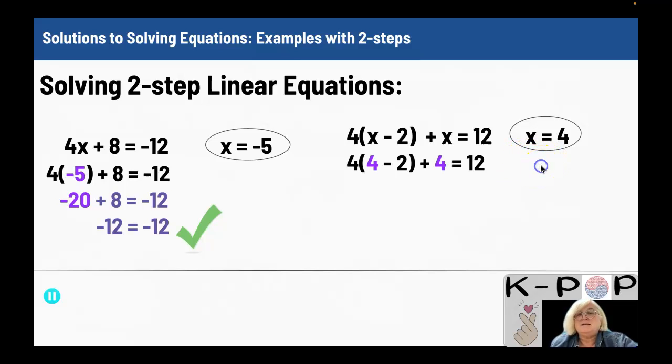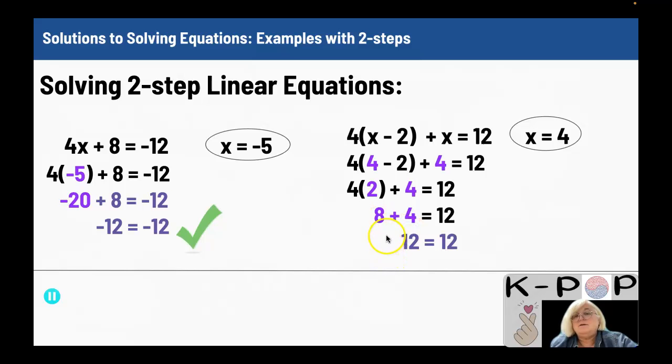If I plug the x equals 4 into the x's, I have 4 times 4 minus 2 plus 4 equals 12. 4 minus 2 inside the quantity is 2. So I have 4 times 2 plus 4 equals 12, which makes 4 times 2 is 8, 8 plus 4 is 12, 12 equals 12. Again, I have the correct solution.